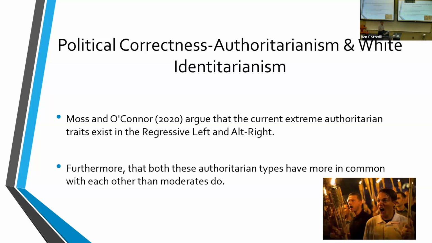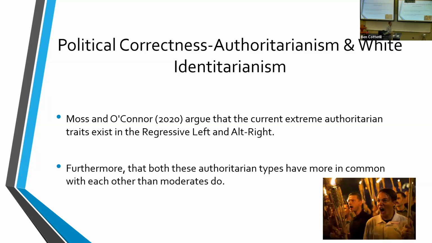And they also argue, much like the horseshoe theory, okay, that those who are political correctness authoritarian or on the white solidarity side, either of those are likely to have much more in common with each other than they will with moderates, or that moderates will with each other.